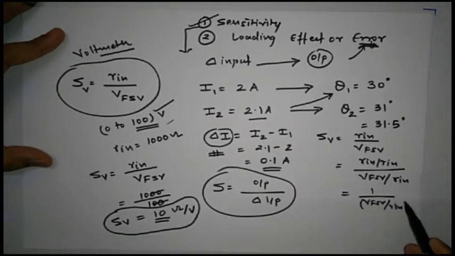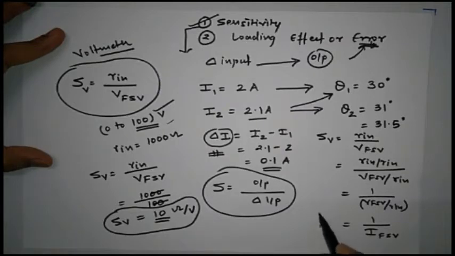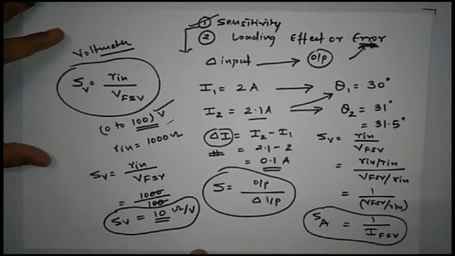Now this V full scale value divided by Rin is ultimately nothing but the ratio of voltage and resistance, and V by R is nothing but what? I. That I is corresponding to full scale value. So I can write here as 1 divided by I full scale value. So this is the formula to calculate sensitivity in case of an ammeter.